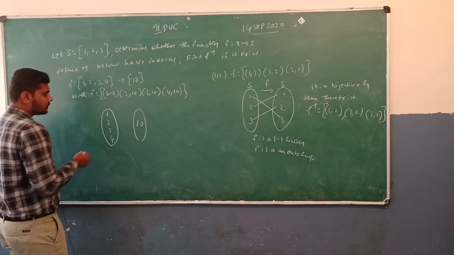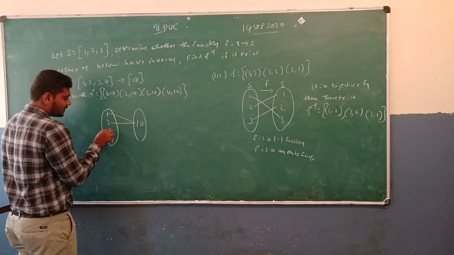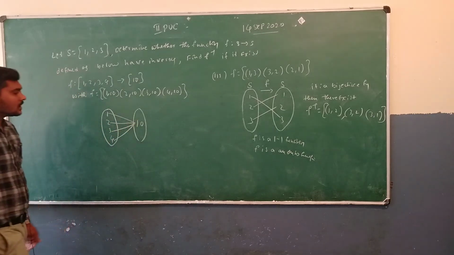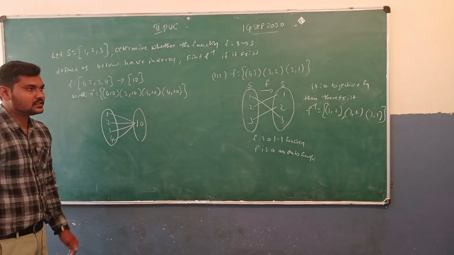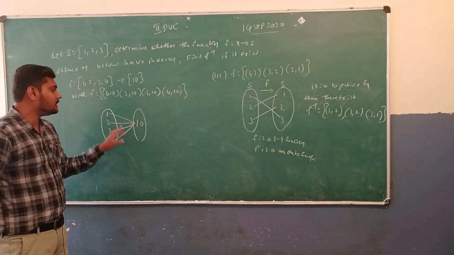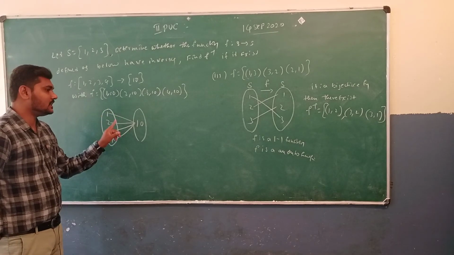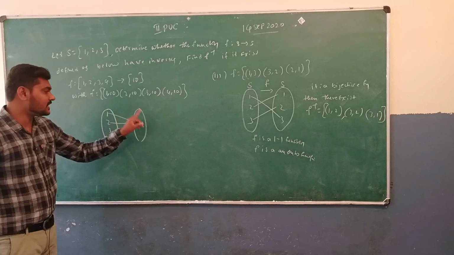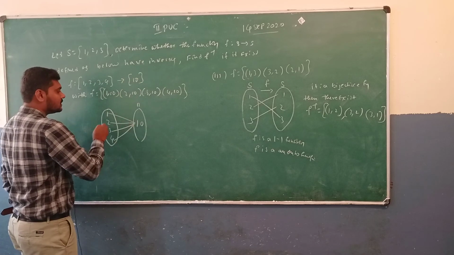So according to the given function, 1 has the image 10, 2 has the image 10, 3 has the image 10, 4 has the image 10. So is it a one-one function? The definition is that an element which is present in the domain must contain only one image in set B. Here the set contains only one element, that is 10.